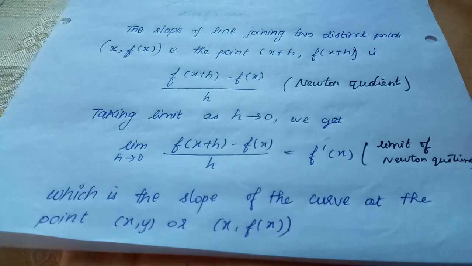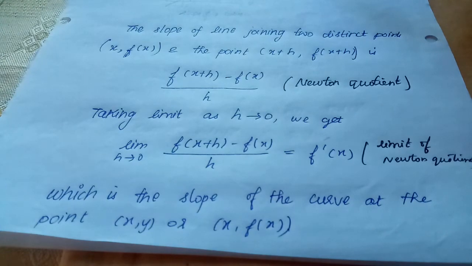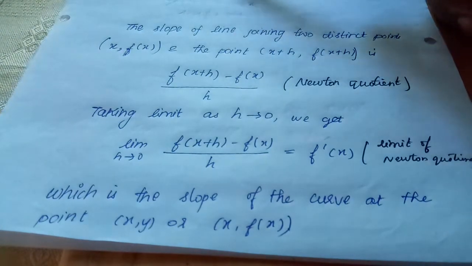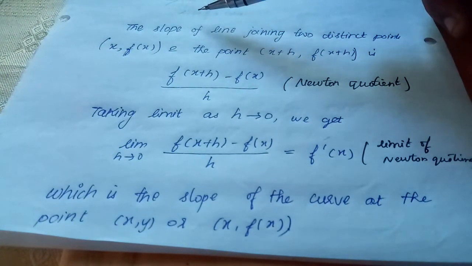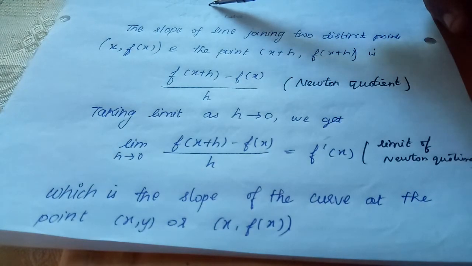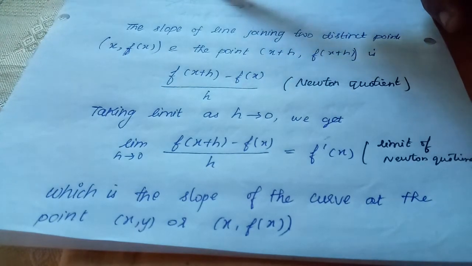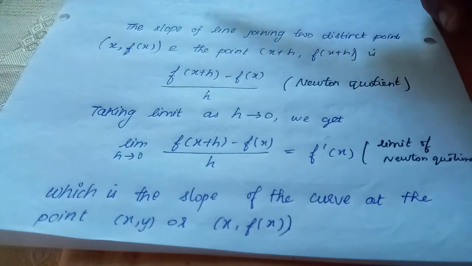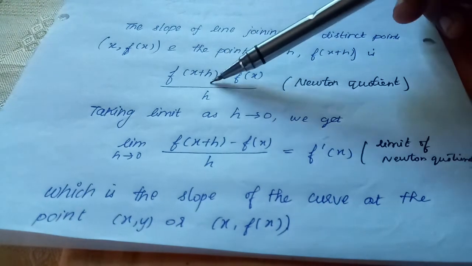The slope of the line joining the two distinct points is f of x plus h minus f of x by h, the Newton quotient.